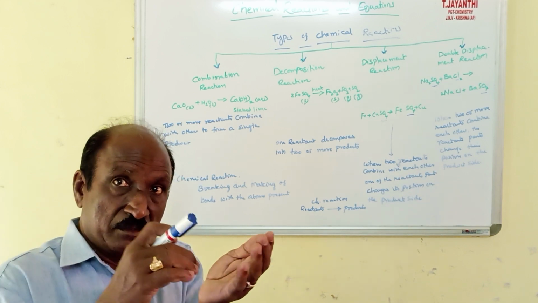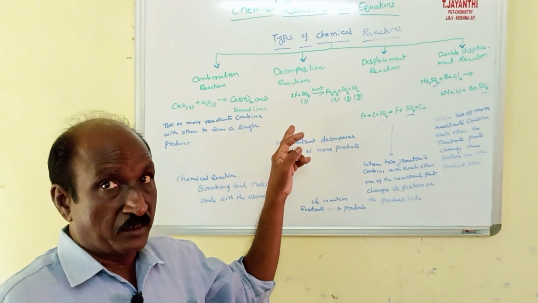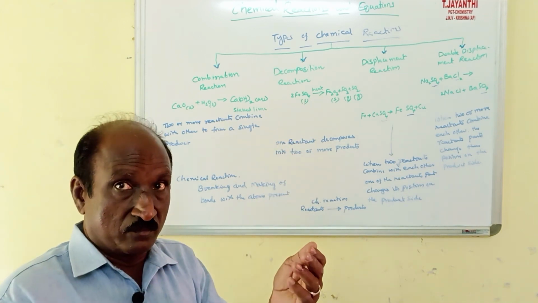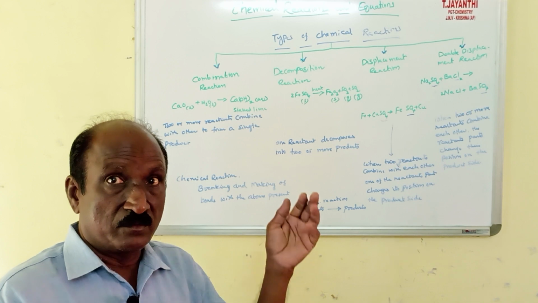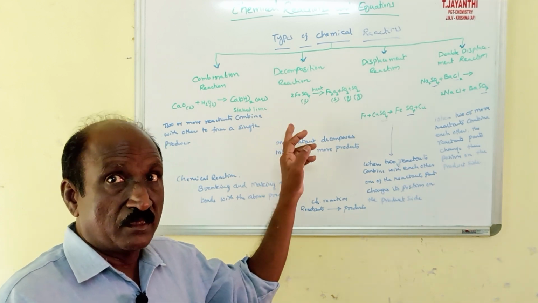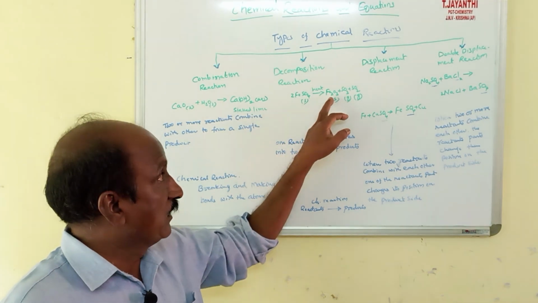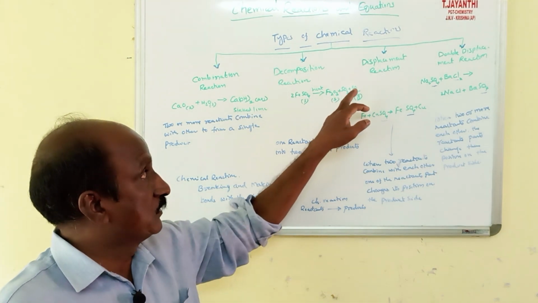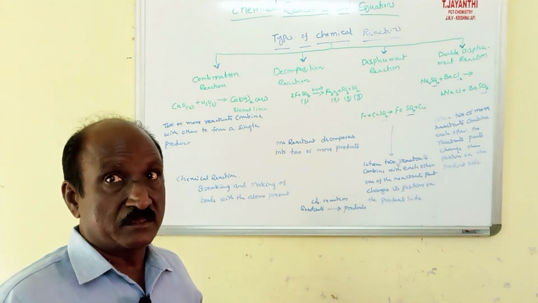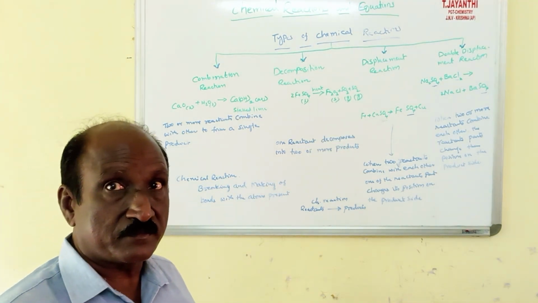If we separate the products, this is rice, these are stones, these are paddy seeds.